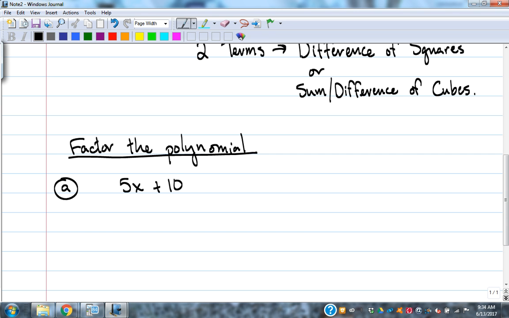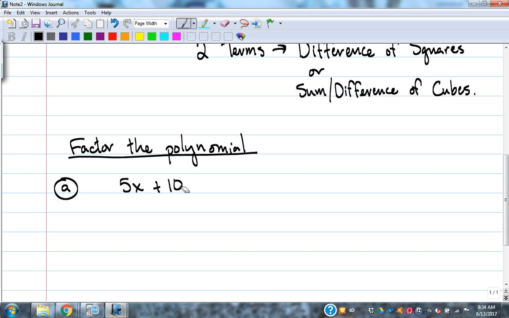Real simple, short polynomial. The first thing you want to decide is, is it in descending order by exponents on the variable? Well, what's the exponent on this x? It's a 1. There's not even a variable here, so that is in the right order. So we're good there. We don't have to rearrange it.